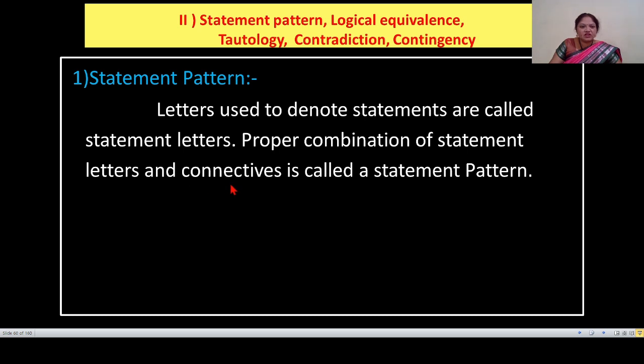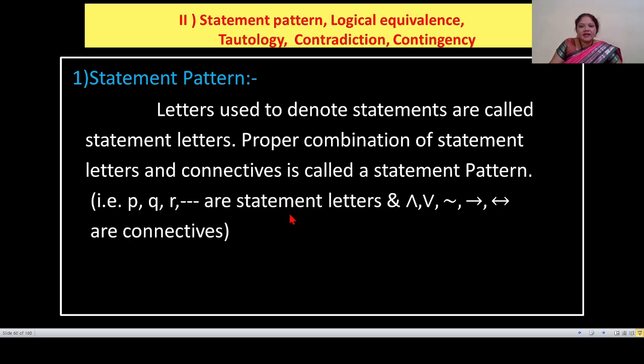Connectives means negation, conjunction, disjunction, implication, double implication. That is, P, Q, R are statement letters and conjunction, disjunction, negation, implication, double implication are connectives.